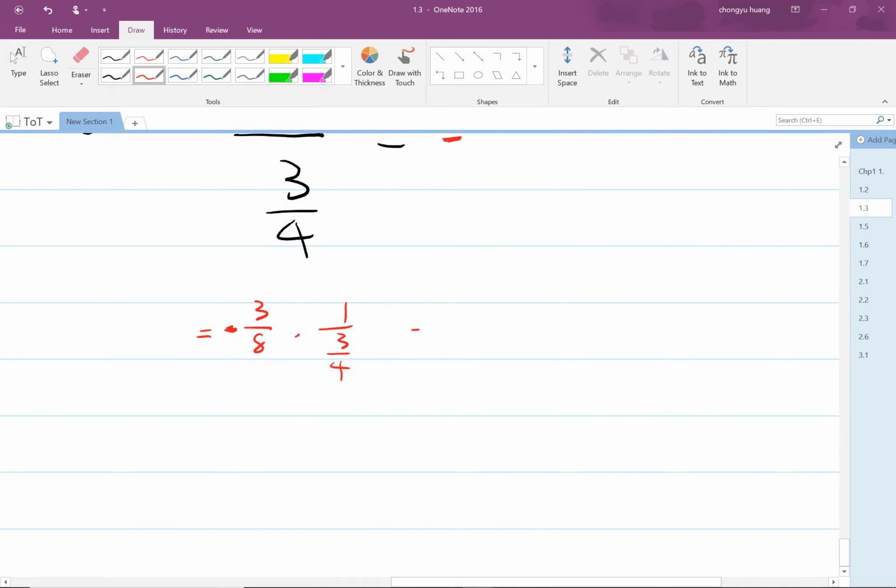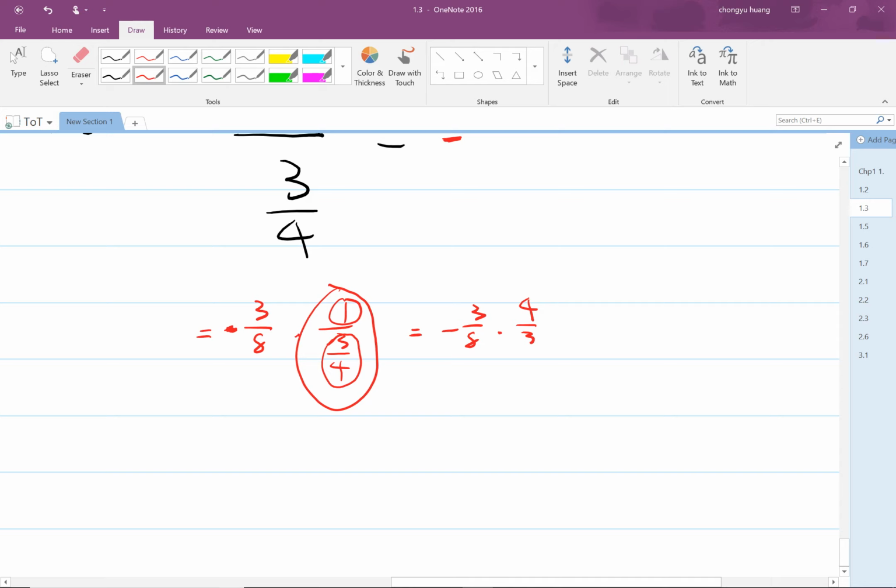So the trick about how you do this is you want to simplify this part. How do you simplify this part? See, this is 1 over 3 over 4, right? So you got a 1 over here, and then this is 3 over 4. So you just reverse it. Okay, you just reverse it.